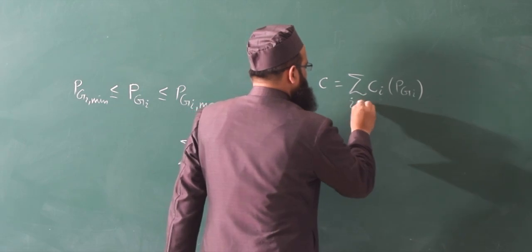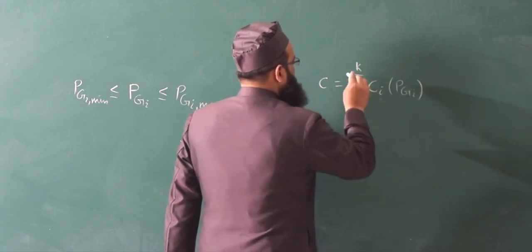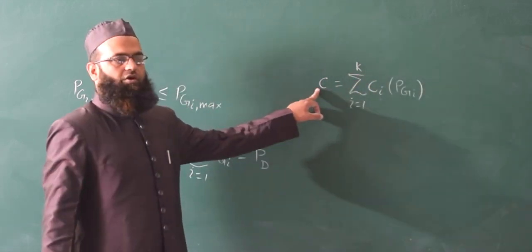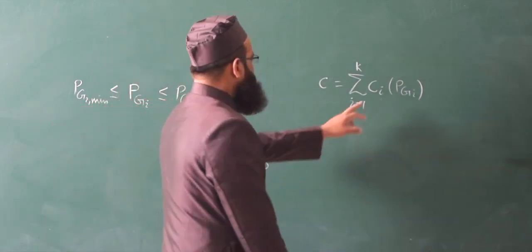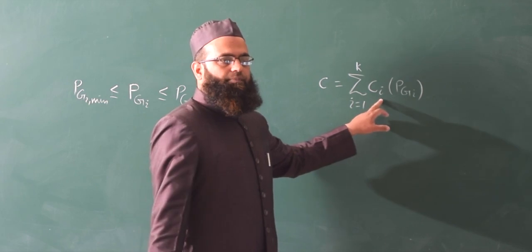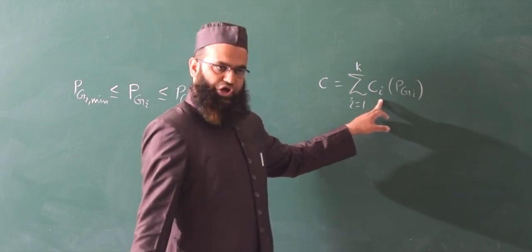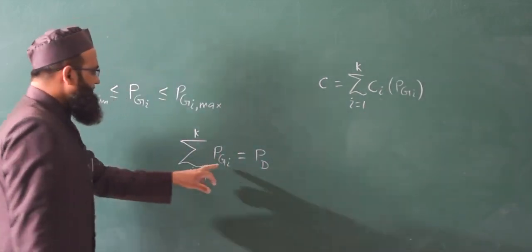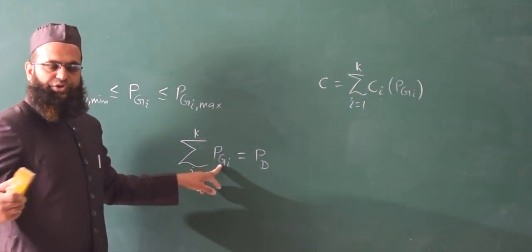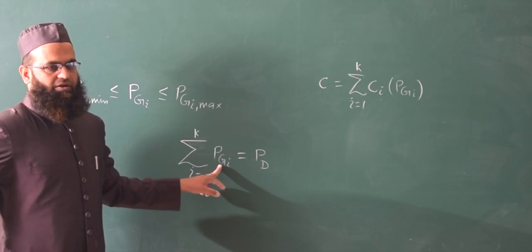How many units are there? K. So this will be total cost of generating C1 plus C2 plus C3 plus Ck. These are total cost for generating PG1 plus PG2 plus PG3 plus PGK, so on, right?